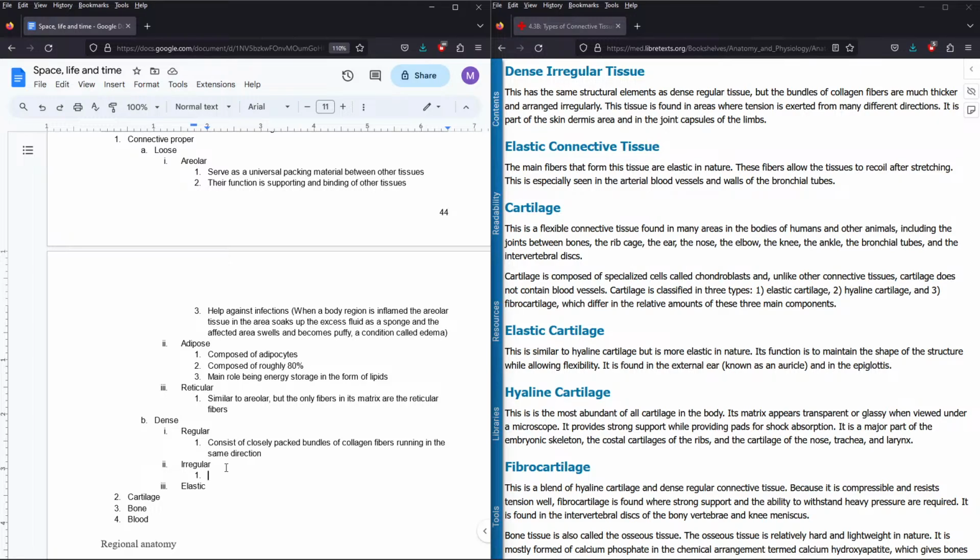So same structure as regular tissue, but the bundles of collagen fibers are thicker and arranged irregularly. Big shock, as I mentioned.